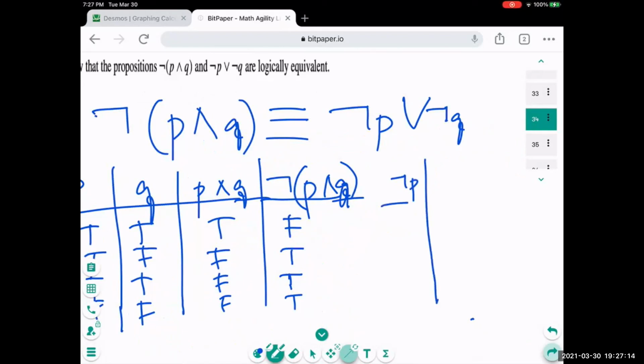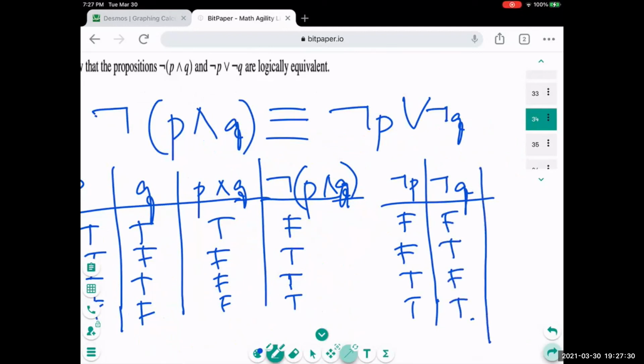So, this would be false, false, true, true, right? And then yung negation ng Q. So, this would be false, true, false, true.